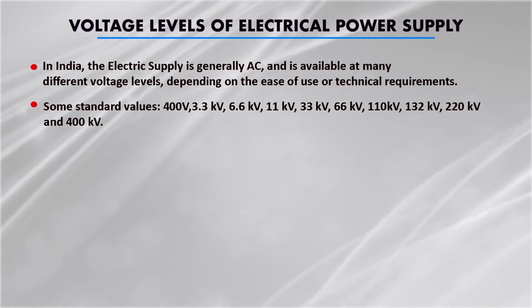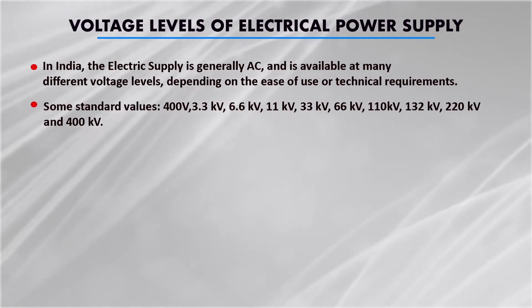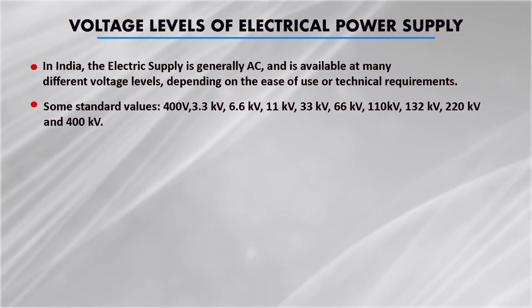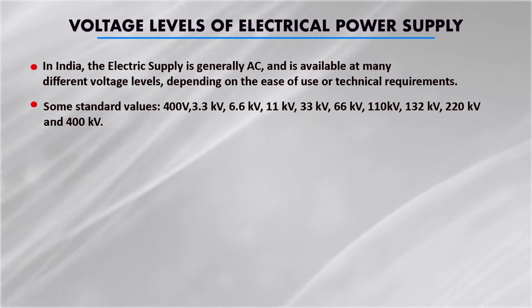You have heard about all these voltage levels when we talk about power transmission and power distribution. There is no hard and fast rule about what the voltage level should be for the transmission network and what it should be for the distribution system.